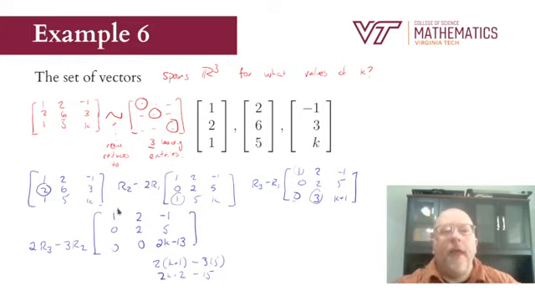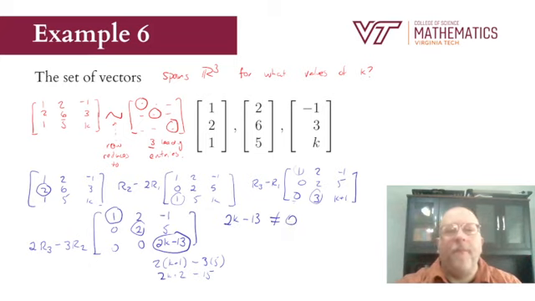And we have to have 3 leading entries, and that means that 2k minus 13 cannot be 0. Because if 2k minus 13 was 0, then we would not have a leading entry there.